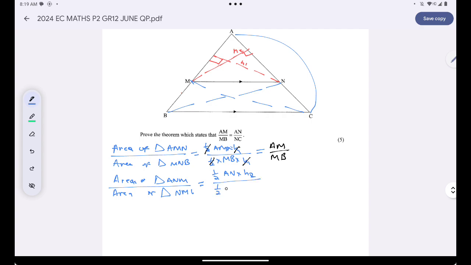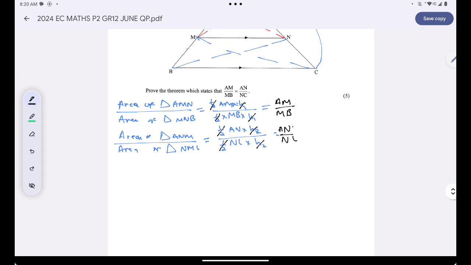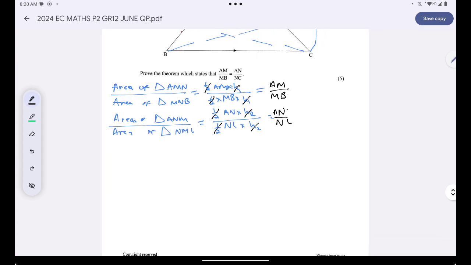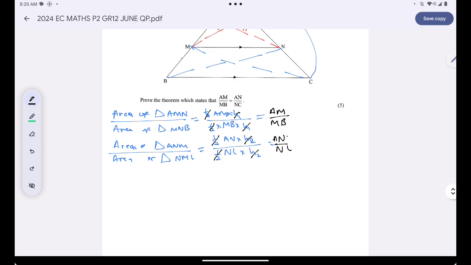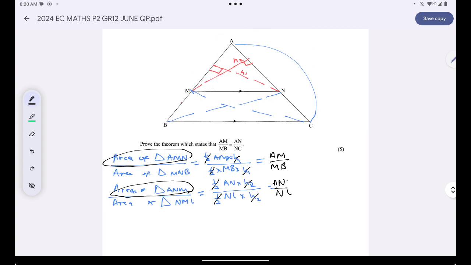At the bottom it will be 1 over 2 multiplied by NC multiplied by H2, and then the halves will cancel, the heights will cancel because they are the same. We will be left with AN over NC, all together. But please guys, these two areas are the same, because they talk about the same triangle but it's named differently.